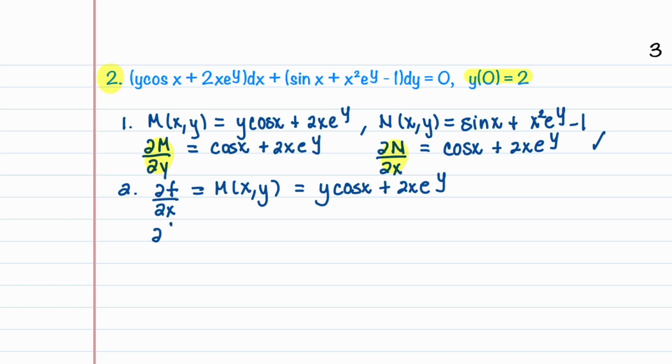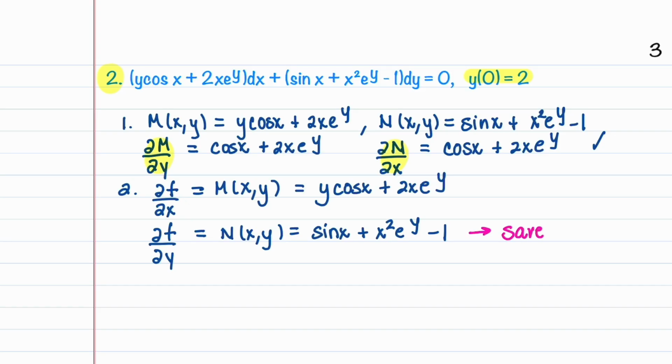Then we're going to set the partial derivative of f with respect to y equal to n of xy, which we found to be sine x plus x squared e to the y minus 1. Let's just make a note that we are going to save this one for later. And in step 3, we are going to work with the partial derivative of f with respect to x is equal to y cosine x plus 2x e to the y.